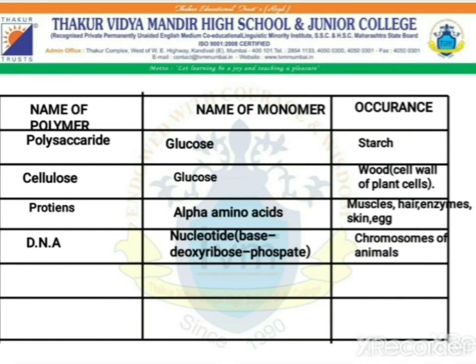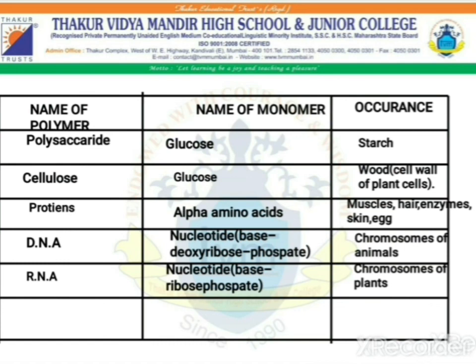We get it from chromosomes of animals. The next is RNA, that is ribonucleic acid. The monomer is nucleotide base ribophosphate. It occurs in the chromosomes of plants. And the last is rubber. The monomer is isoprene, and this occurs in the latex of the rubber tree.